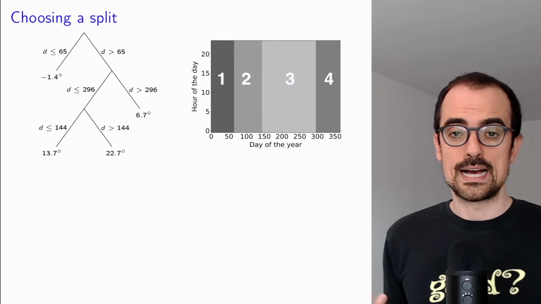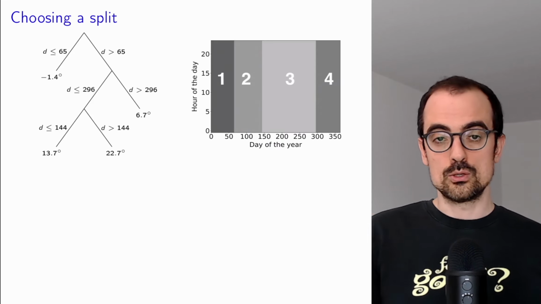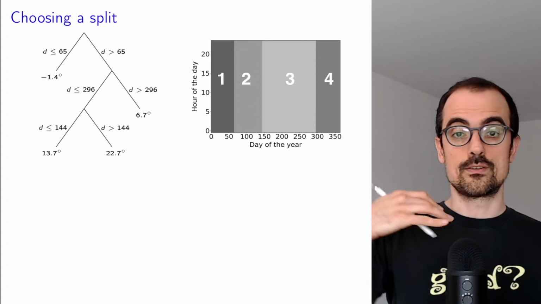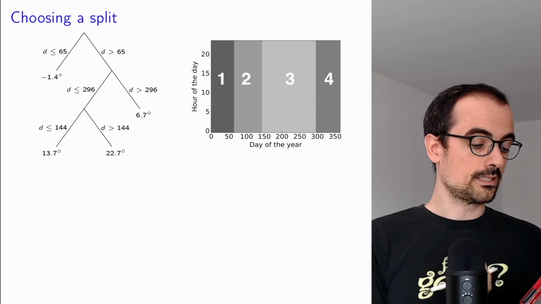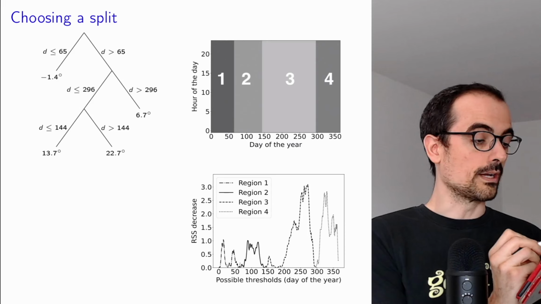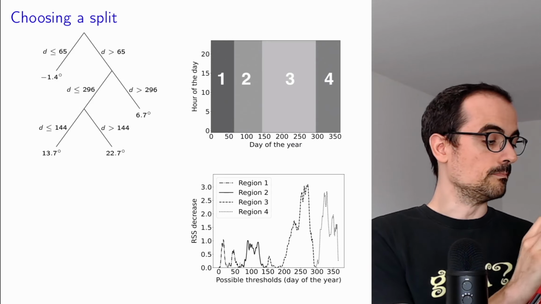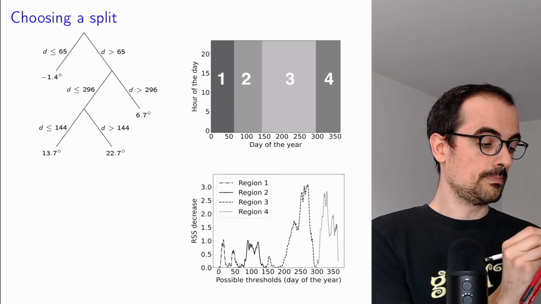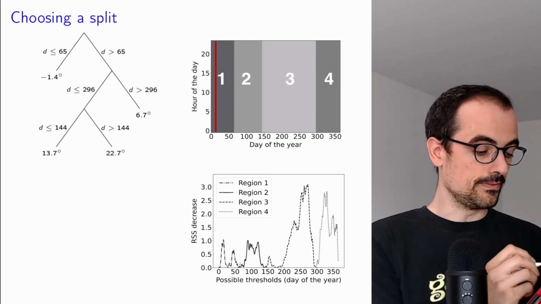So now we have our tree with the 4 regions that I showed you before, and we want to decide how to split. So we're going to compute this difference in the residual sum of squares for each of the regions. Let's start with the day of the year. Just to be clear, what we're doing here is saying, okay, what if we split region 1 with this threshold and this feature, the day?